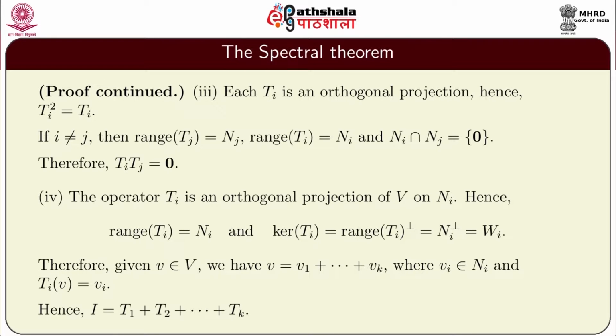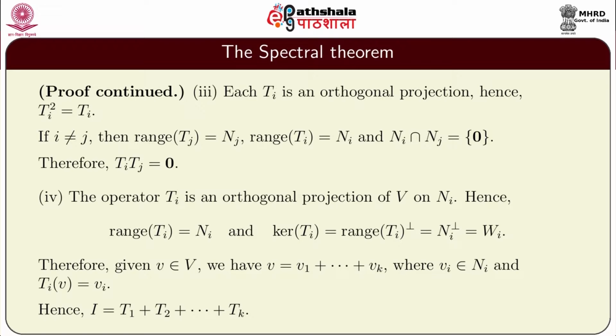Part 4, the operator Ti is an orthogonal projection of V on Ni, and therefore range of Ti is Ni, and kernel of Ti is range of Ti perp, which is Ni perp, and that is equal to Wi.